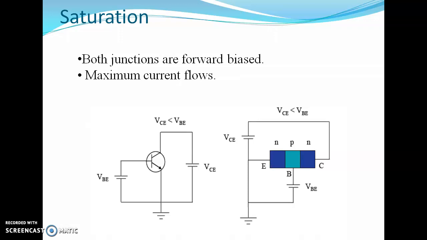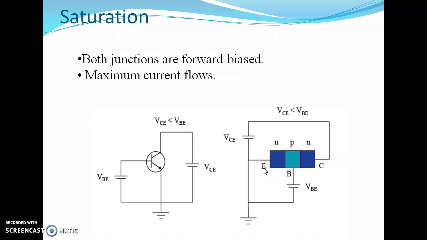So here both junctions are in forward bias: the base and emitter is one, and the collector and emitter is the other. We apply voltage to base and emitter, and another source to collector and emitter.